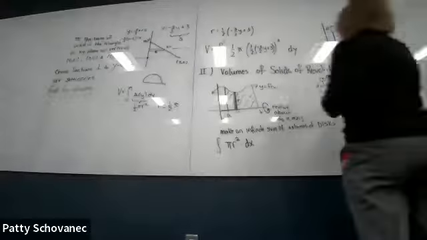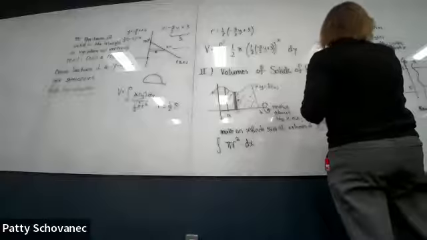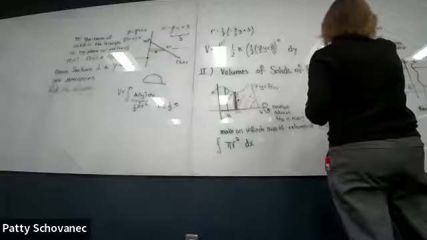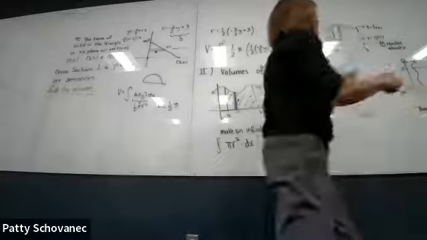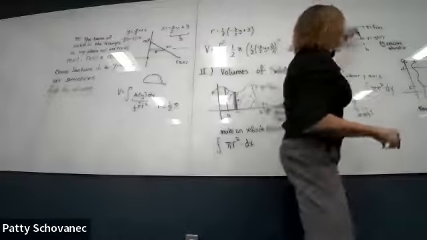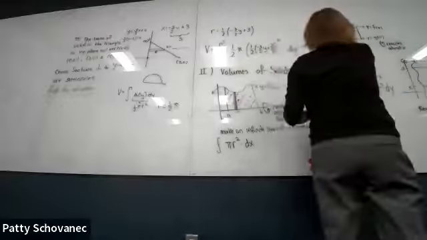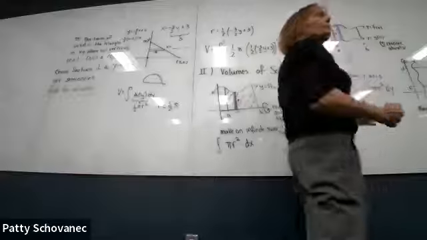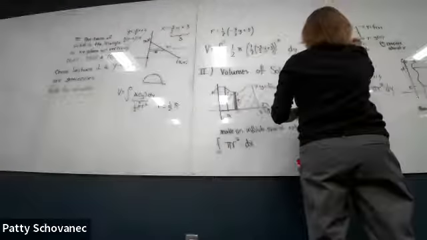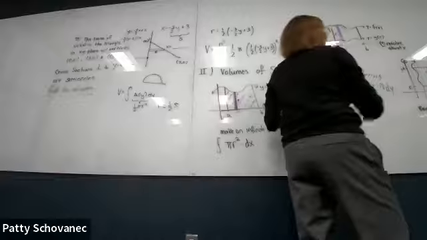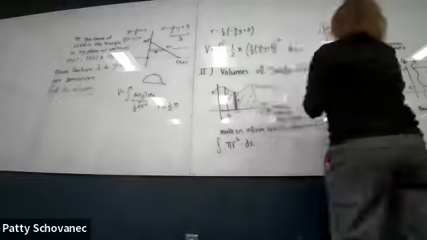One radius is around the x-axis, which is my axis of revolution. That's going to generate a big circle, so I'm going to call that radius big R. And then this little circle that's here is whatever the bottom graph is, and it's going to be little r.